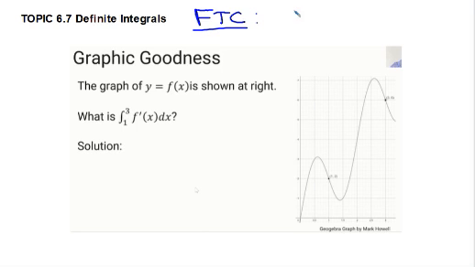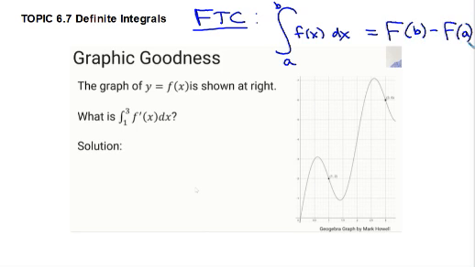It says that the integral from a to b of f of x dx is equal to capital F of b minus capital F of a, where that capital F is an antiderivative.